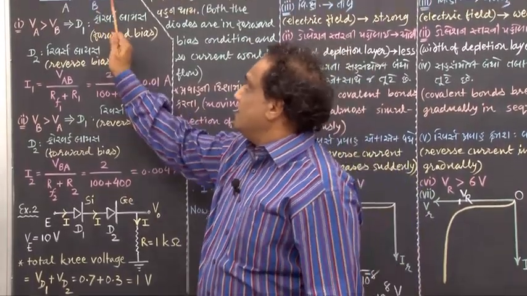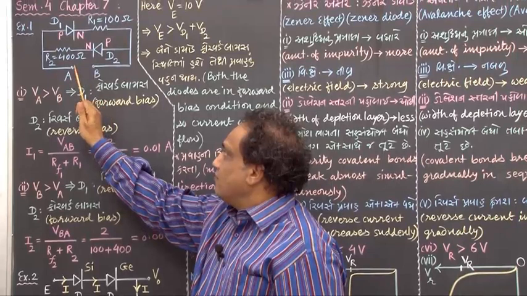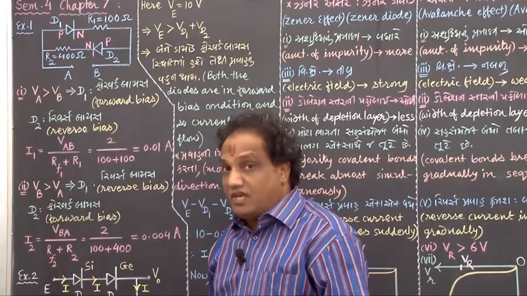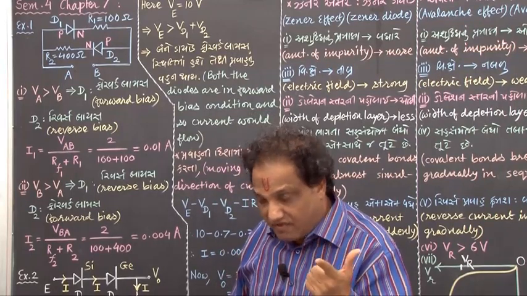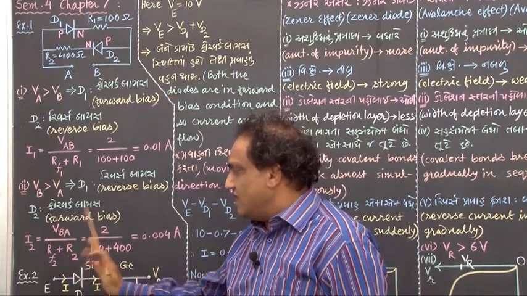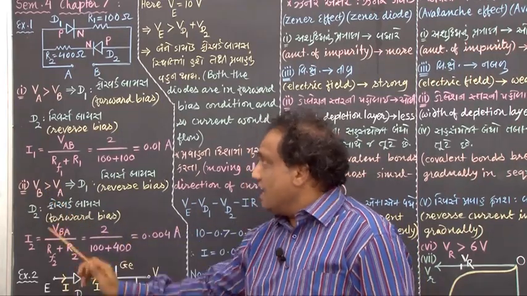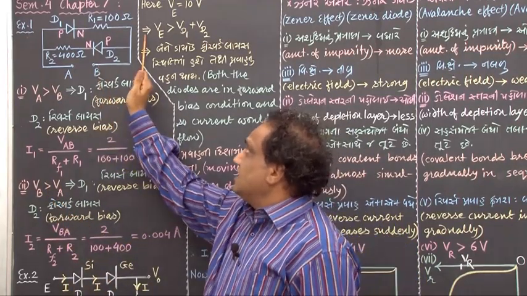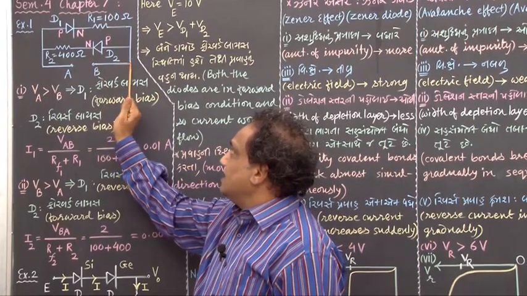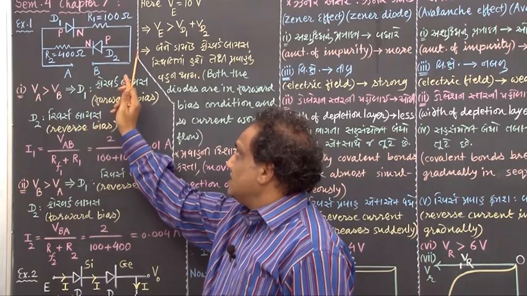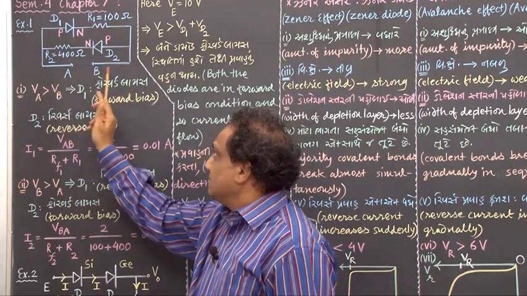Effective EMF, here it is, between points B and A, the voltage I am taking as VBA. That is the effective EMF, the potential difference between points B and A, because VB is greater than VA, correct? And now the equivalent resistance in this branch, come on, diode D2 is forward bias, so what is the equivalent resistance in this branch?